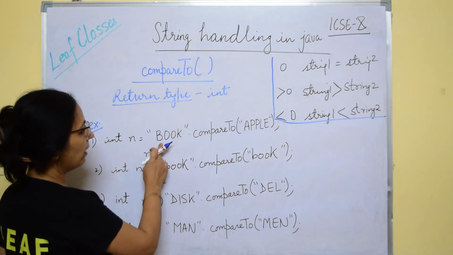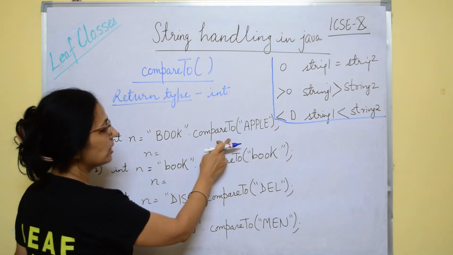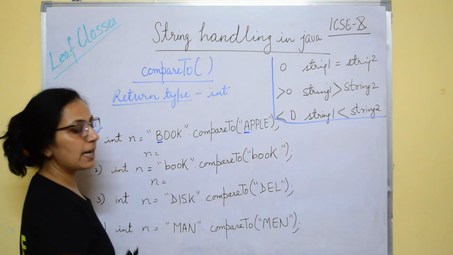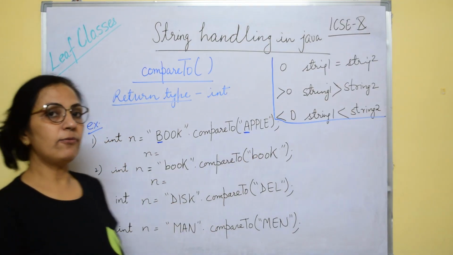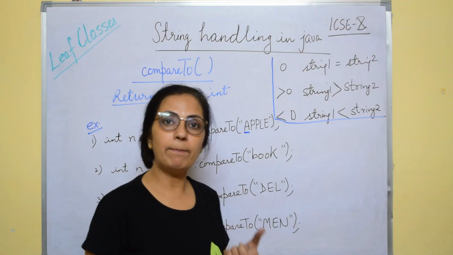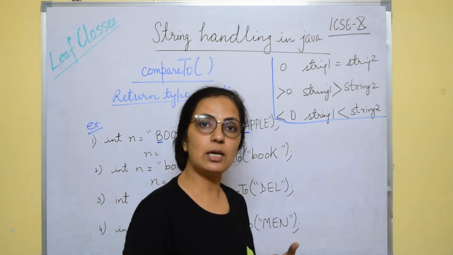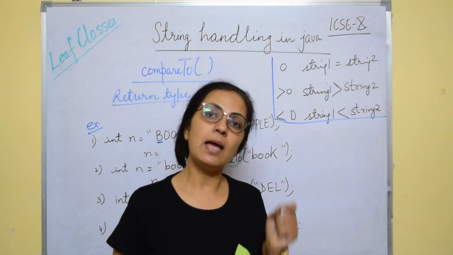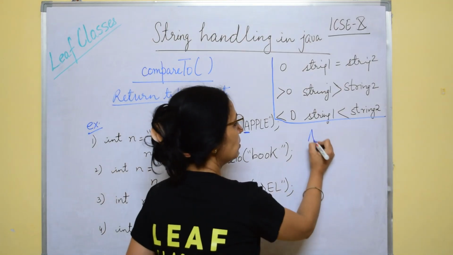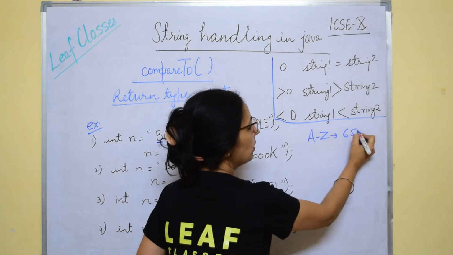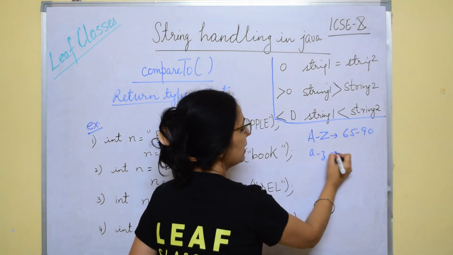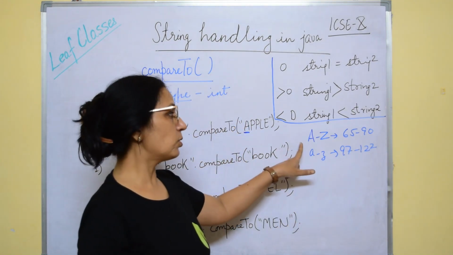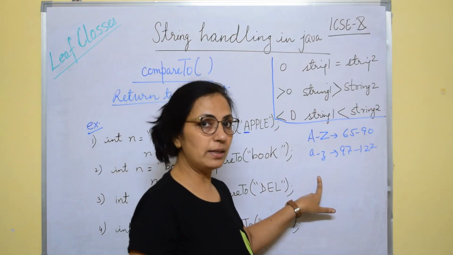Now, if you are giving book in capital dot compare to apple. First it will compare the first character of both the strings, and for writing the output of compare to functions, which is generally asked in section A question, you must know the ASCII values of capital A to Z and small a to z. Capital A to Z is 65 to 90 and small a to z is 97 to 122. Each and every child should know the ASCII values of all the alphabets.